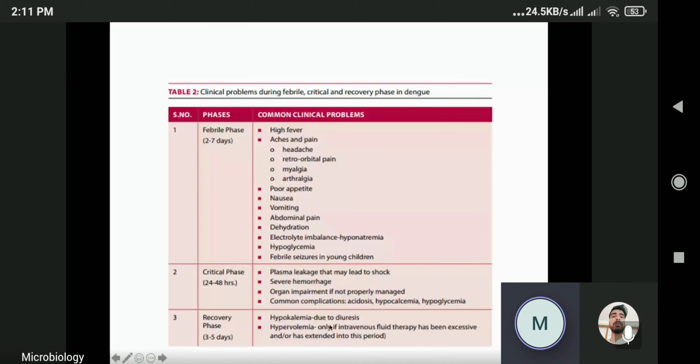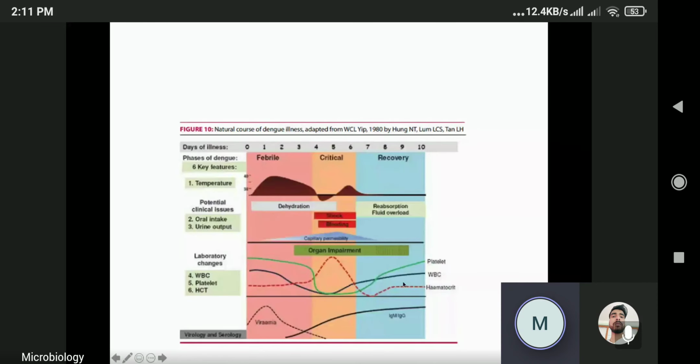Okay, so in the febrile phase, critical phase, and recovery phase, there are certain laboratory changes which are very important. See, the platelet count starts to decrease rapidly. There are not so significant changes in WBC count.